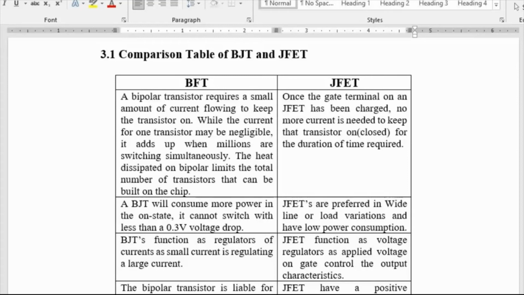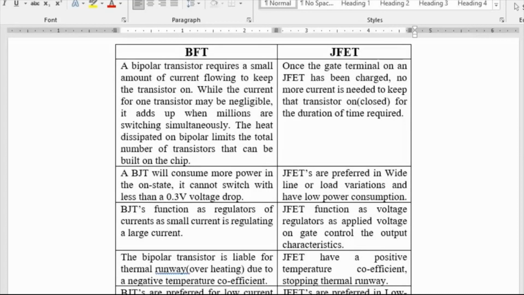JFET functions as a voltage regulator as applied voltage on gate controls the output characteristic. JFETs have a positive temperature coefficient, stopping thermal runaway. JFETs are preferred in low voltage application, less than 250 volt.